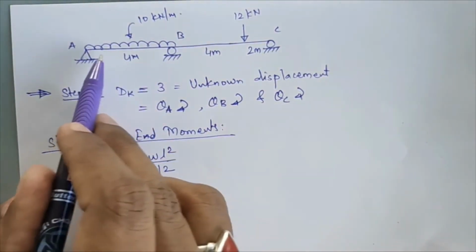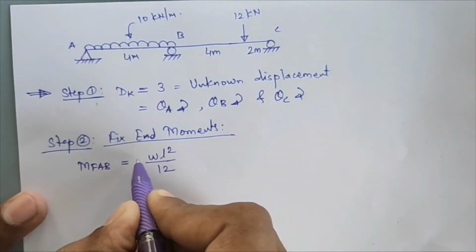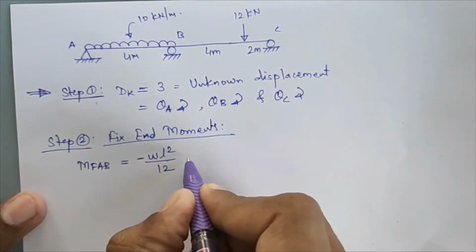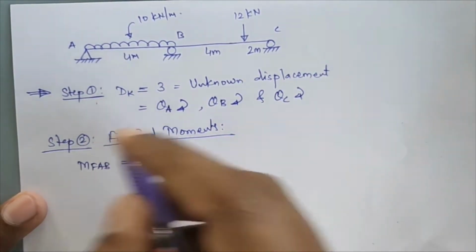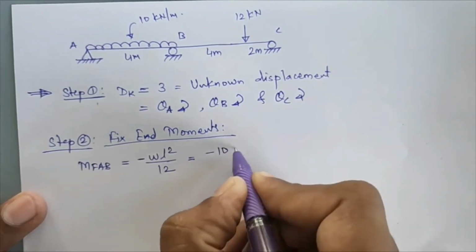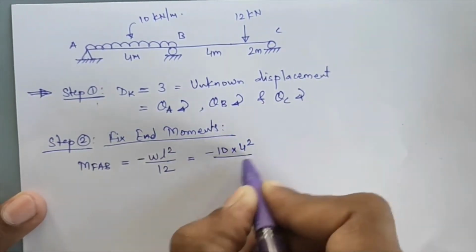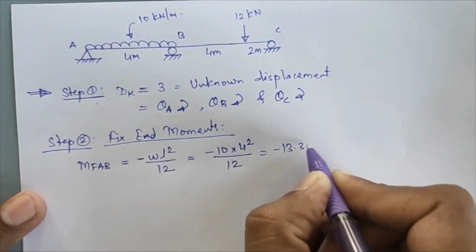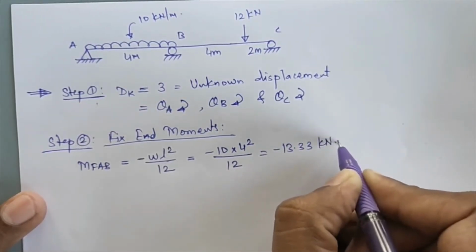Considering its restoring nature, we take it negative. So that is minus 10 into 4 square, since L is 4 for member AB, divided by 12, which comes to 13.33 kilonewton meter.